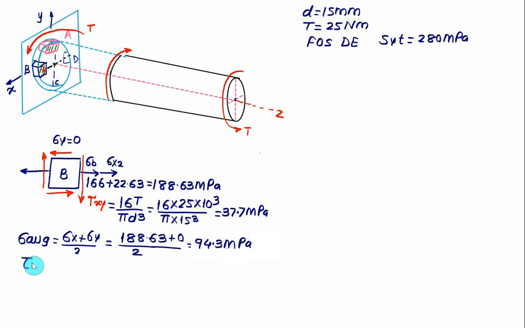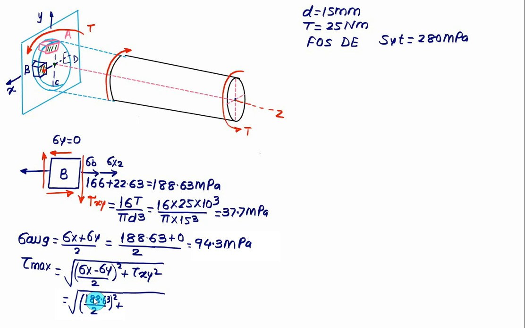And then we can calculate tau max for the given plane stress, which is given as under root of (sigma x minus sigma y divided by 2) whole square plus tau xy square, everything under the root sign. That is, under root of (188.63 divided by 2) whole square, sigma y is 0, plus tau xy is 37.7 megapascal square.